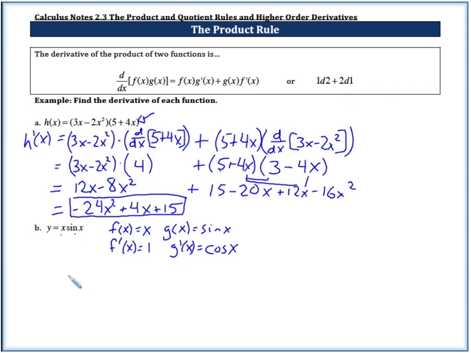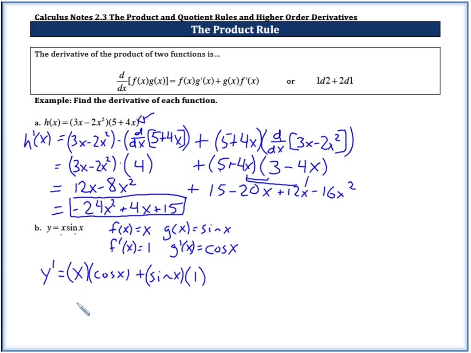Our first function is x times the derivative of the second, cosine x, plus our second function, g of x, which is sine x, times the derivative of the first, which is just 1.